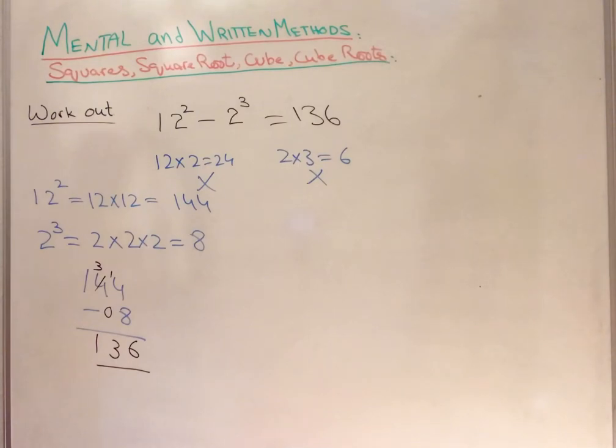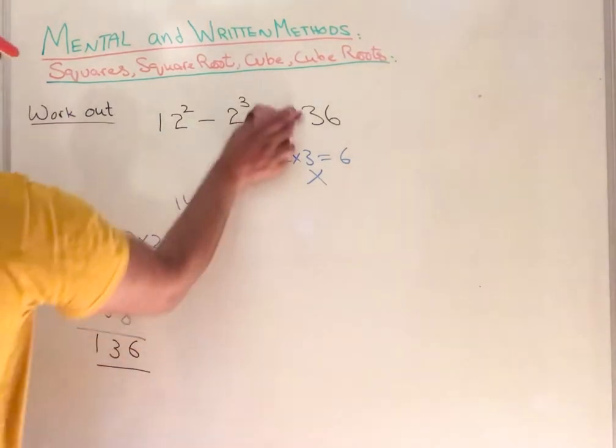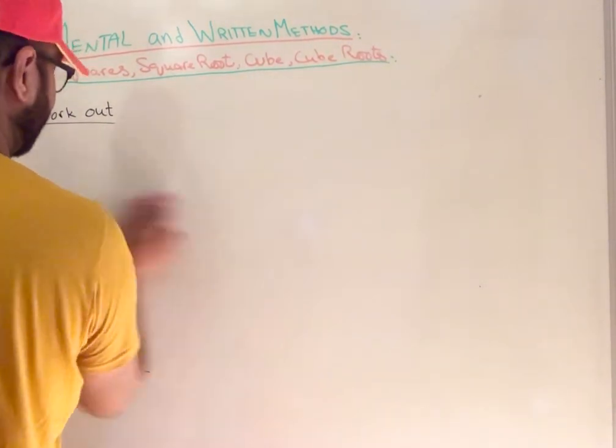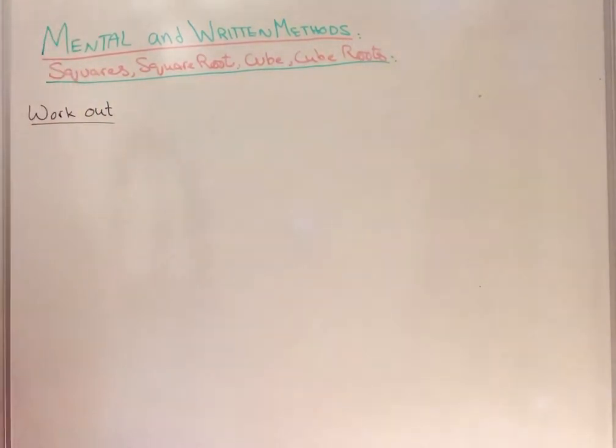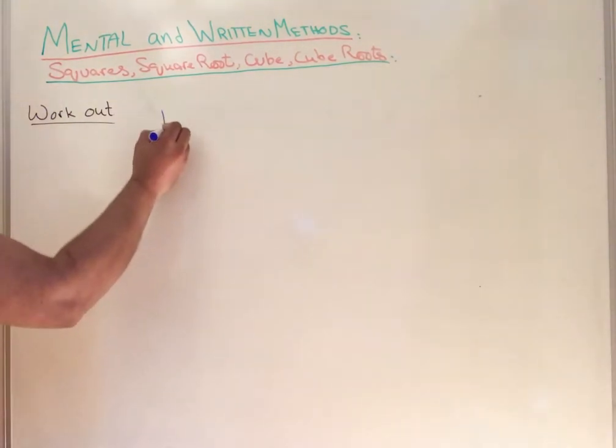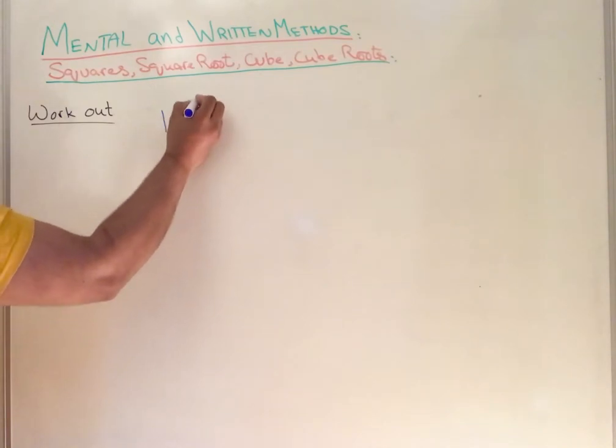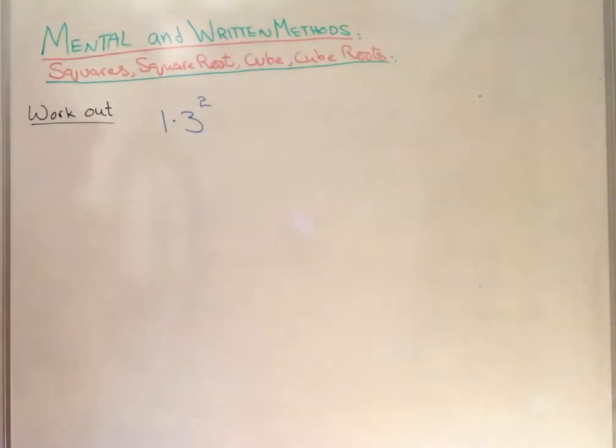If they come in like decimals, then how can you work it out? So let's do some decimal numbers. 1.3 squared.